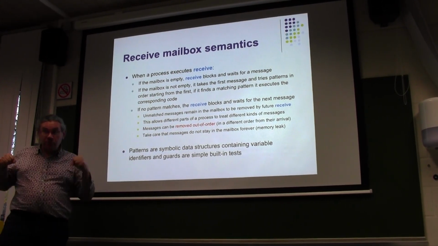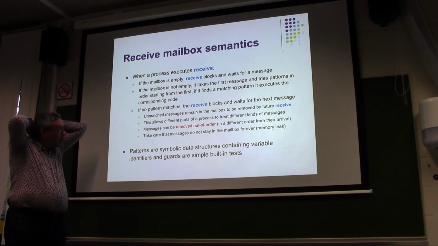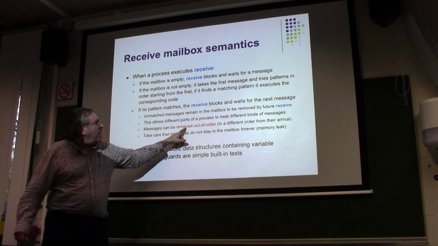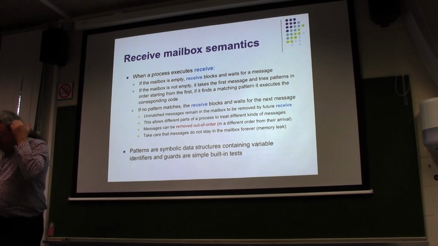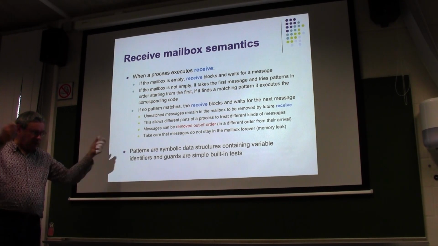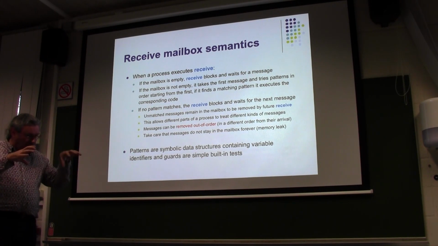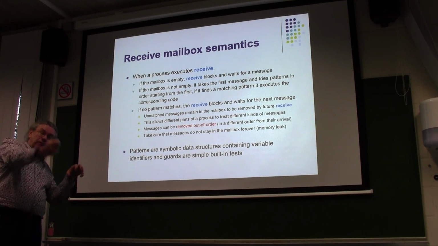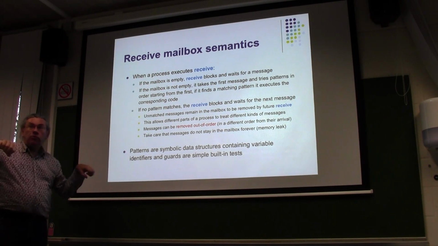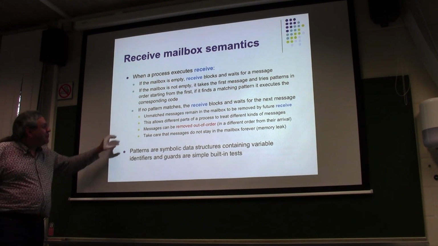That is important for modularity. Different parts of a process can treat different kinds of messages, and you can remove them out of order. So you can have multiple things going on, even though it's one thread, and one part of the process will handle certain things, and the other part will handle other things, and they will not be conflicting with each other. So that's very nice.